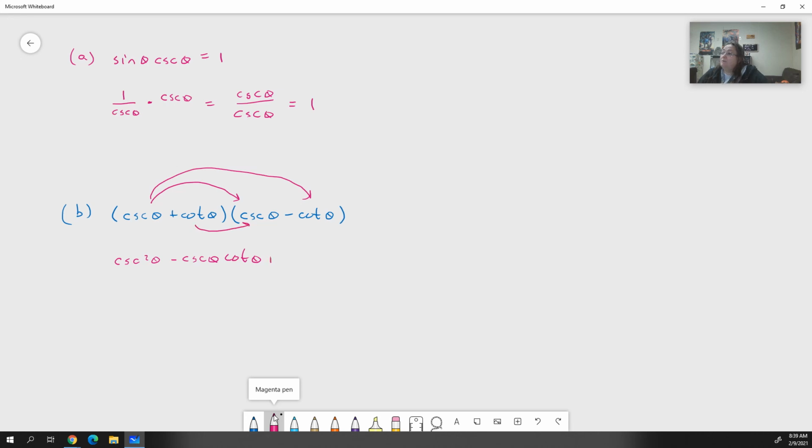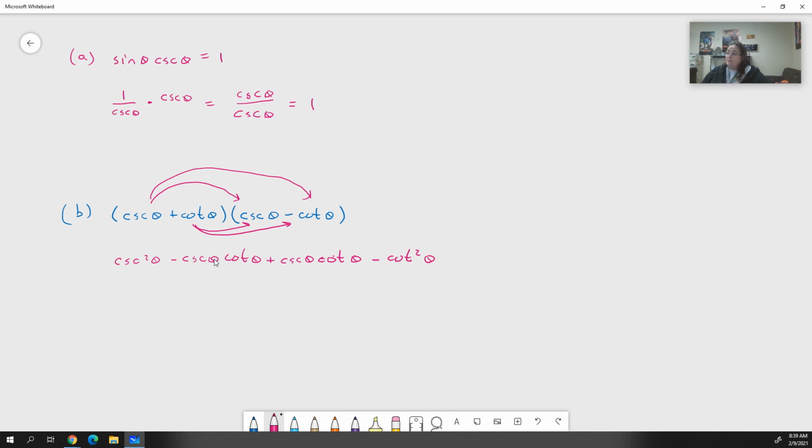That's going to give me plus cosecant theta times cotangent theta. And then we're going to multiply it times here, and I'm going to get minus cotangent squared theta.